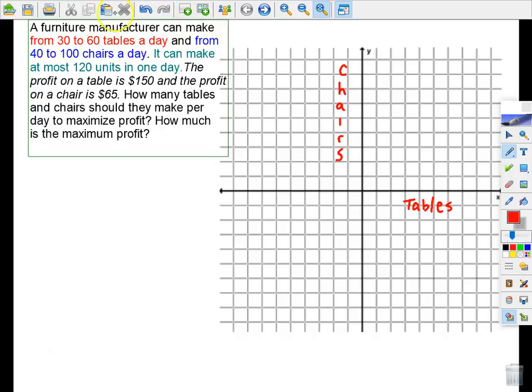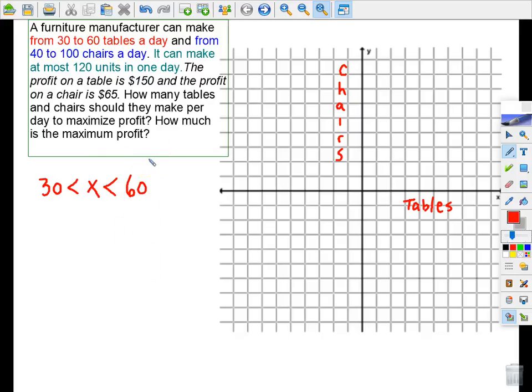So the way we're going to express that range using inequalities, since we're talking about tables, is like this, and maybe this looks kind of familiar to you. My tables being produced in a day will be anywhere between 30 and 60.